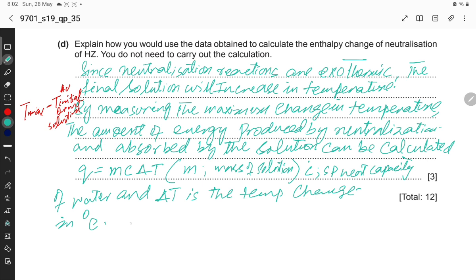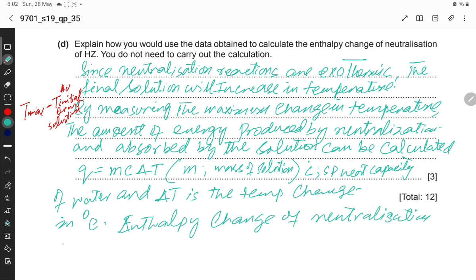Now the enthalpy change of neutralization is calculated by using Q over n.